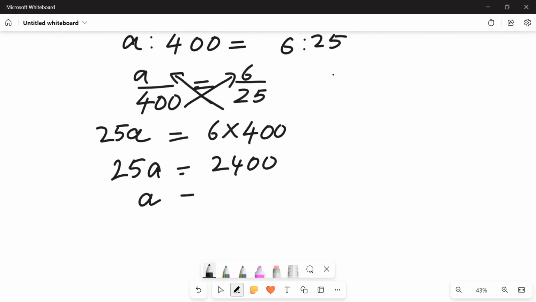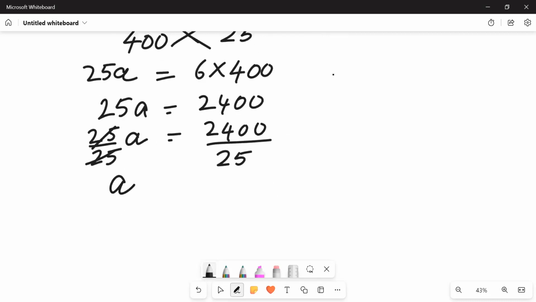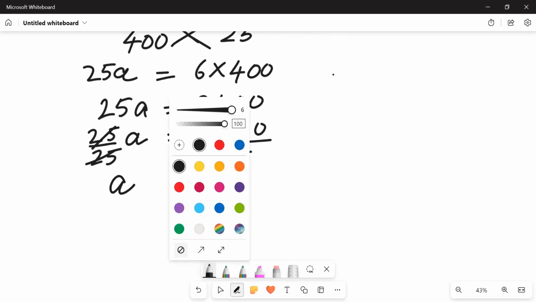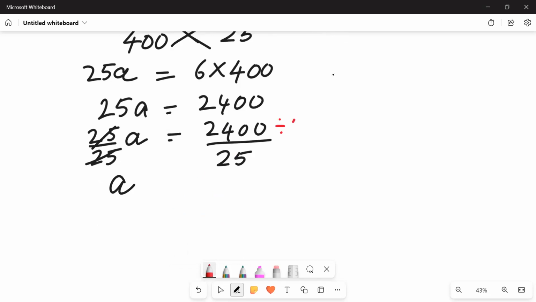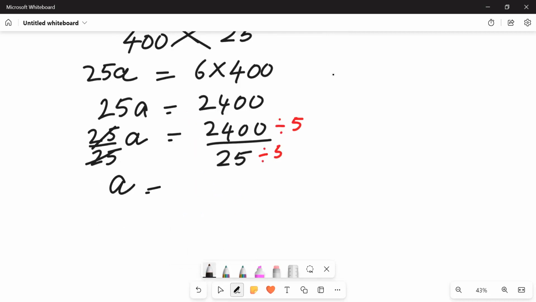Now 25a equals 2400. Divide both sides by 25 because we have to find the value of a. So it is a equals 2400 over 25. Now we can divide it by 5 because the last digit is 0 and 5. 5 times 4 is 20, 4 remainder, 5 8 times is 40 and 0.